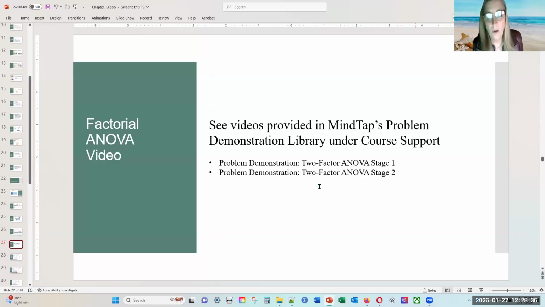And like I mentioned before, use the demonstration video in MindTap to see specifically how to calculate for the two-factor ANOVA. It's a little difficult to do it in a PowerPoint online. I don't have the equipment or the type of programs to show how to do that specifically.